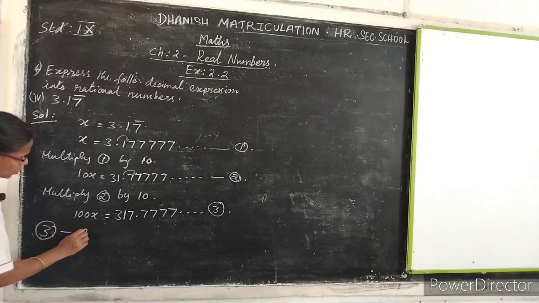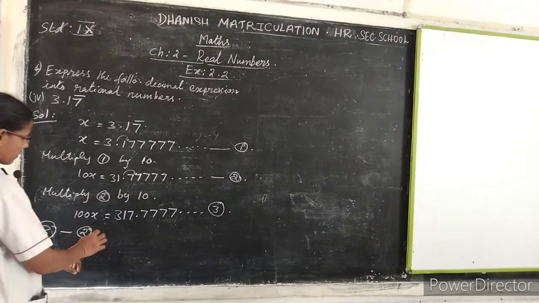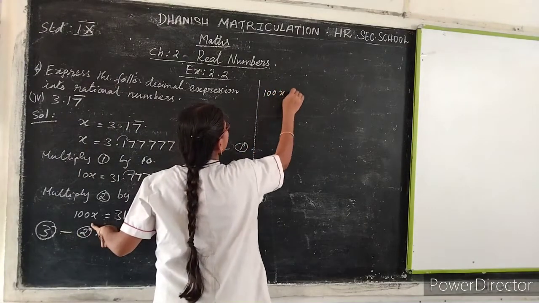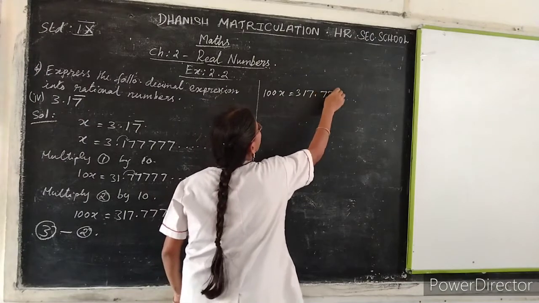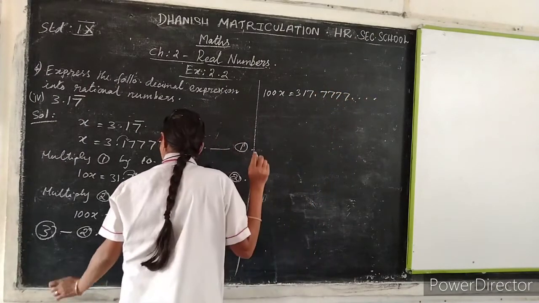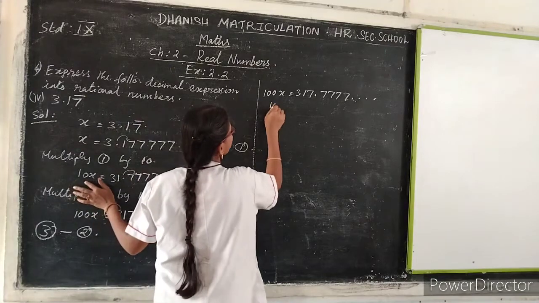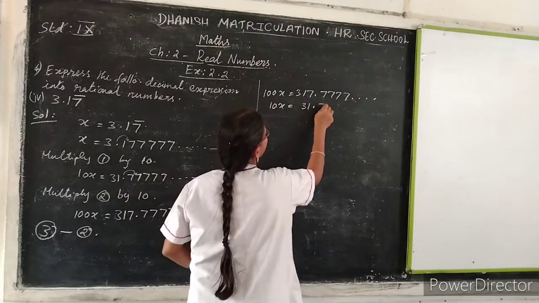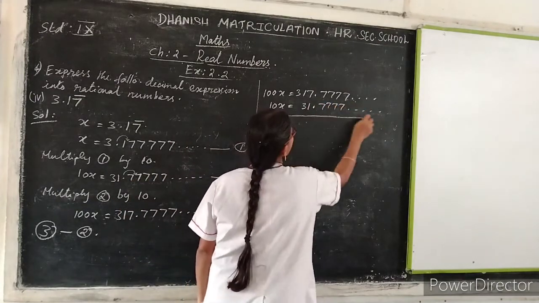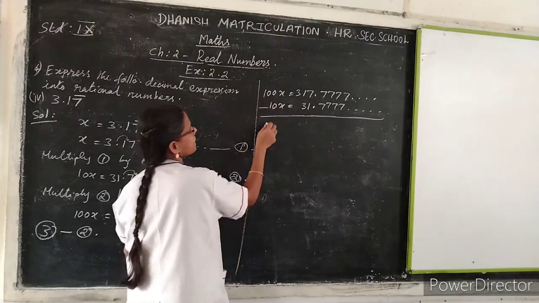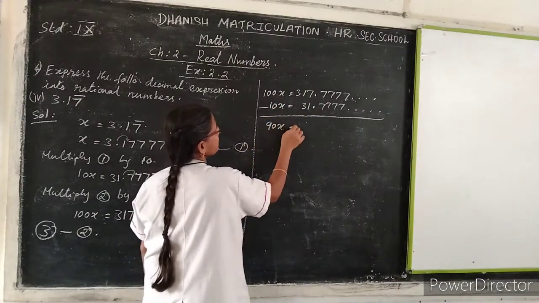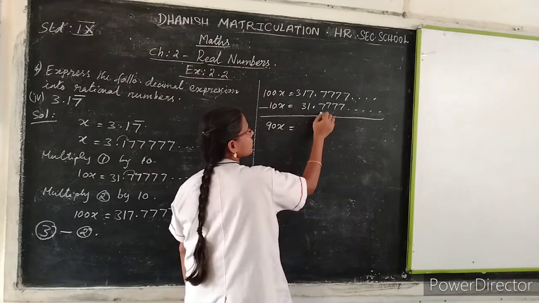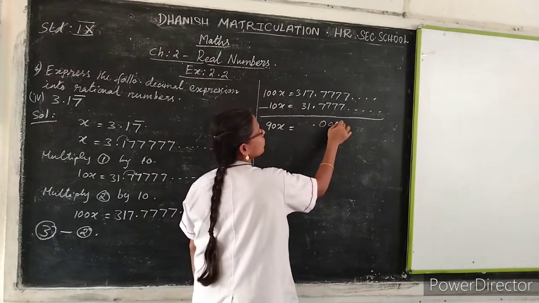The third equation is 100x is equal to 317.7777 etc. The second equation is 10x is equal to 31.7777 etc. Now subtract: 100x minus 10x is 90x is equal to, here after the decimal point all digits are the same, therefore after the decimal point the value is 0.